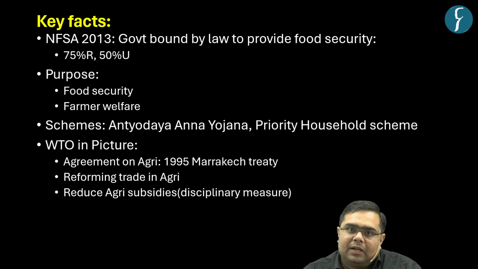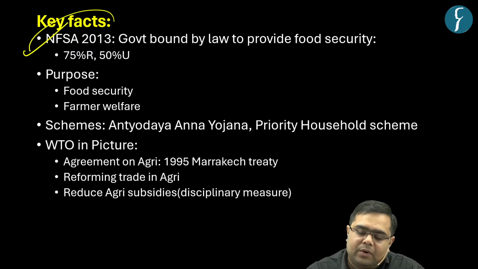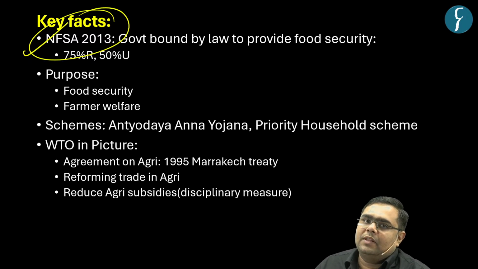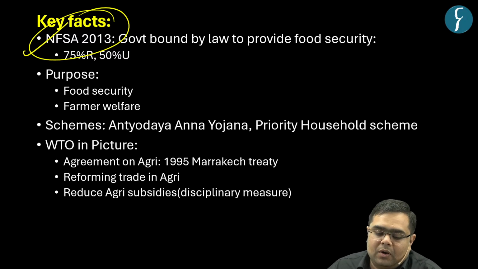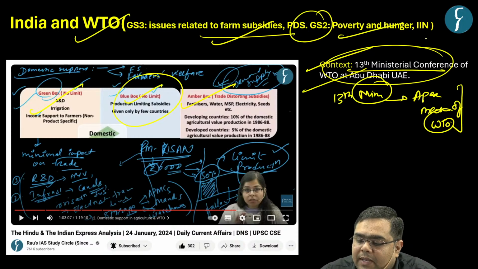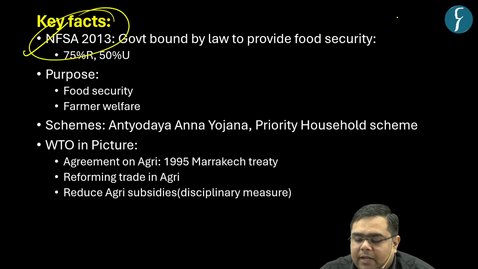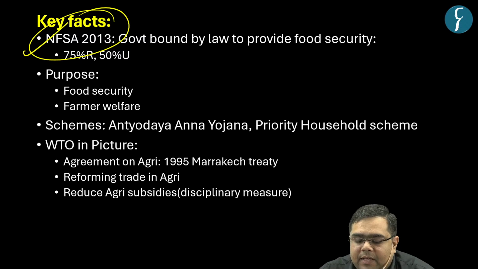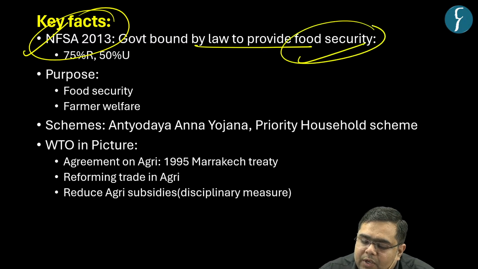So the story begins. The immediate context is the National Food Security Act of 2013. The government came up with the National Food Security Act because why? It was an issue related to poverty and hunger in India, right? So the government of India, to curb the issue of poverty and hunger, came up with NFSA 2013, by which the government got bound by law to provide food security.